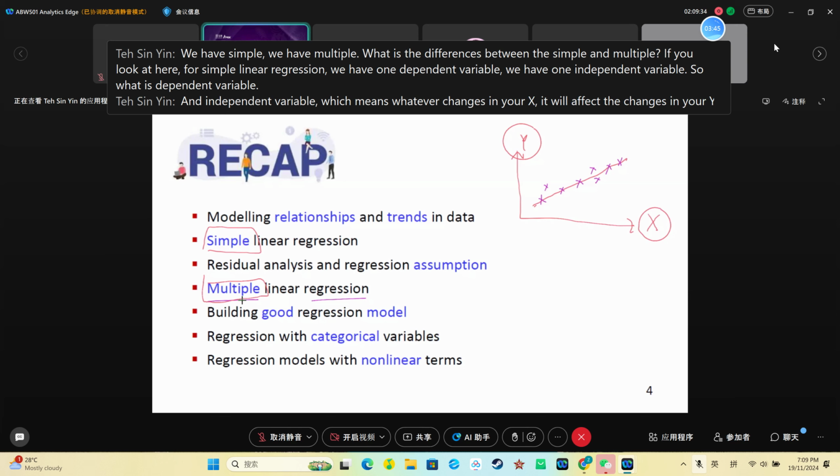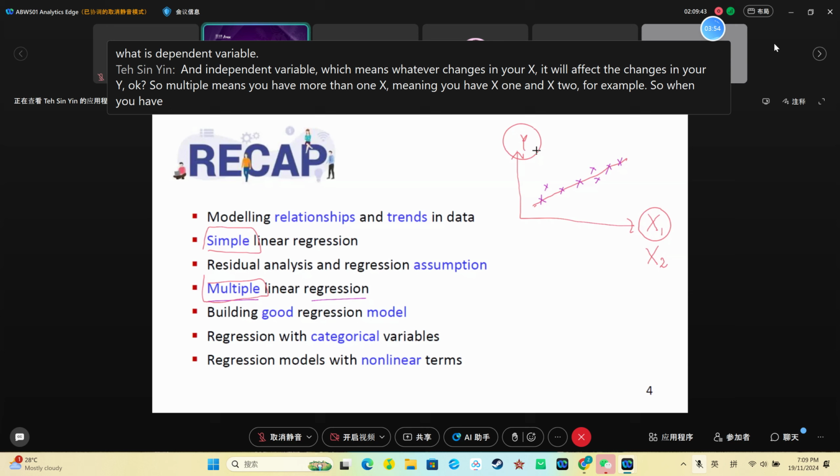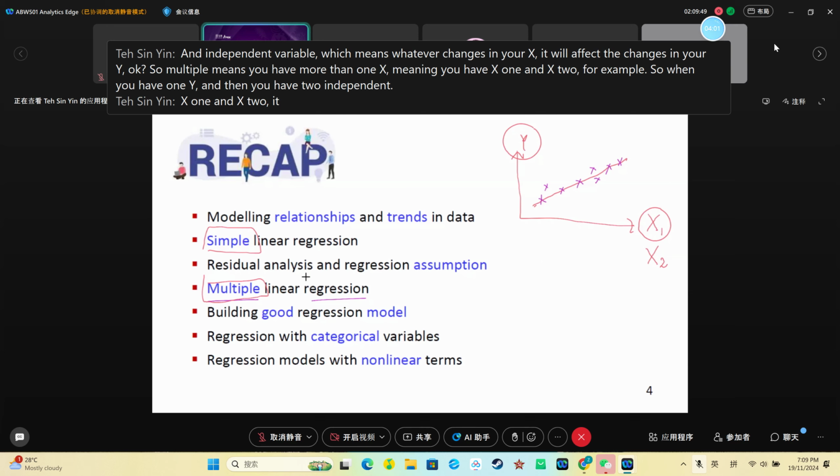So multiple means you have more than one X, meaning you have X1 and X2, for example. So when you have one Y, and then you have two independent variables, X1 and X2, it becomes a multiple linear regression. Or we can also call it multiple regression.